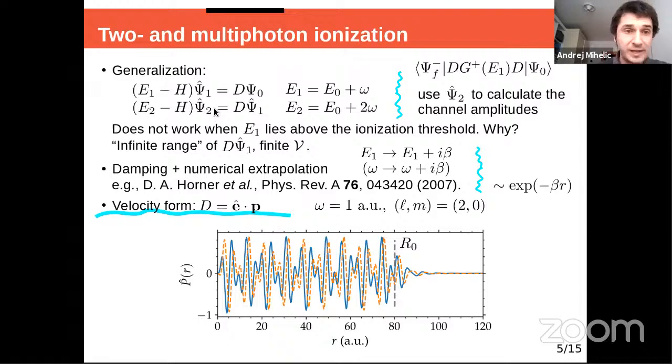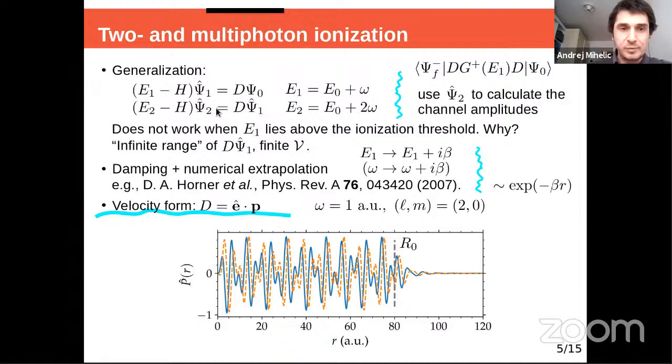We calculate the second order solution by using the first order solution as the driving term for this second equation. And in the same way as before, we can calculate the 2 photon ionization amplitudes by analyzing the second order solution in terms of channel functions again.